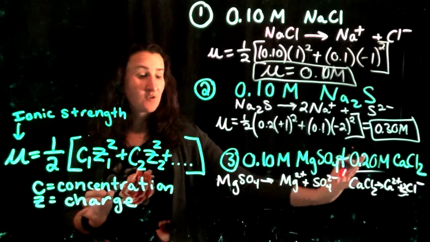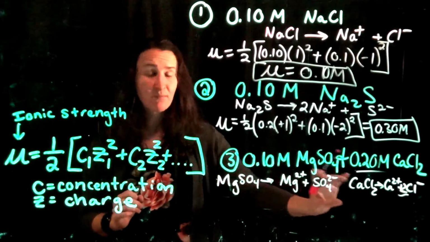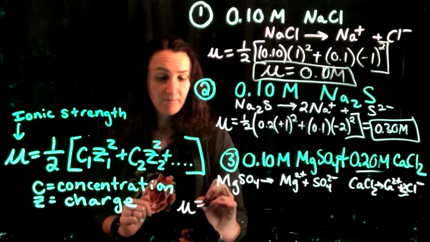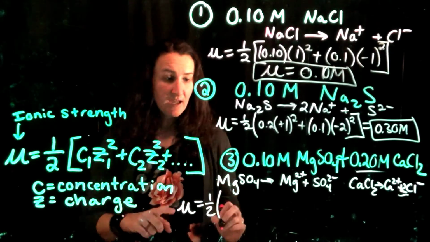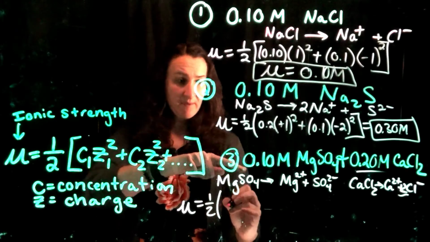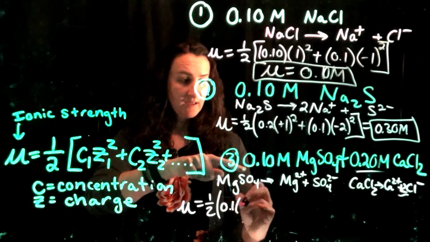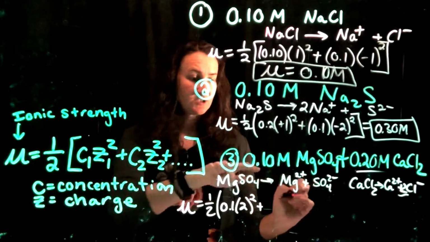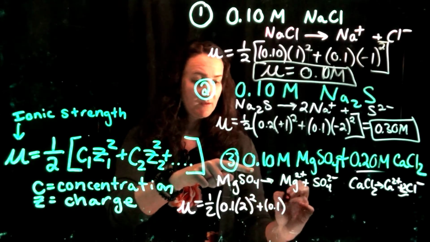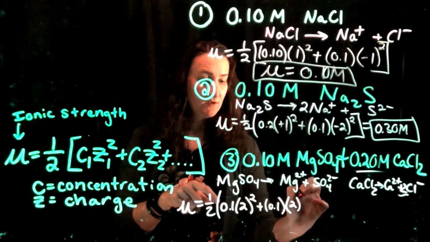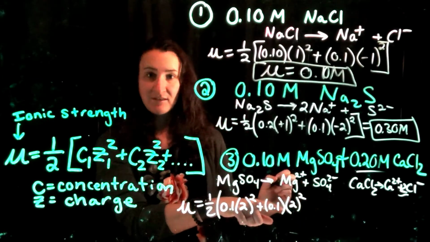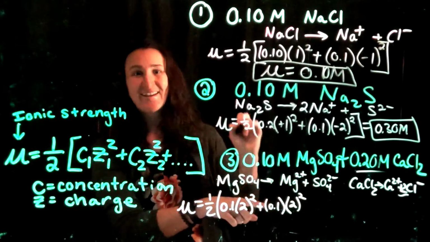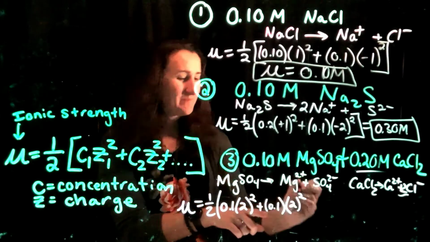When we put all of that into our ionic strength equation, you need to make sure you take that into account. So let's calculate that now. Ionic strength is 1/2 times my concentration of magnesium times my charge, 2, squared, plus concentration of sulfate times charge squared. Remember, it doesn't really matter if you put the plus or the minus there because it's going to get squared. The charge is not irrelevant, but whether it's positive or negative is irrelevant.